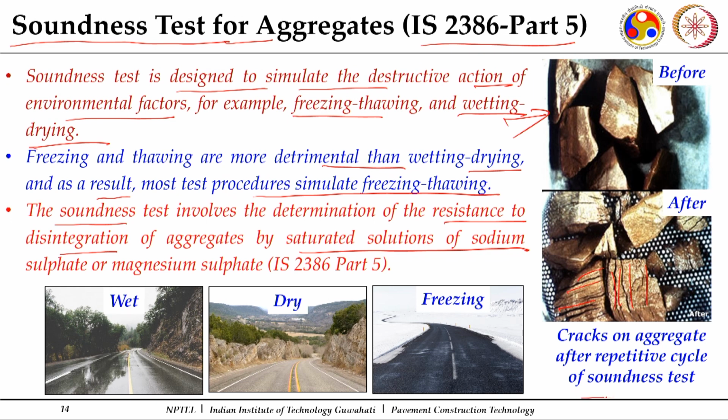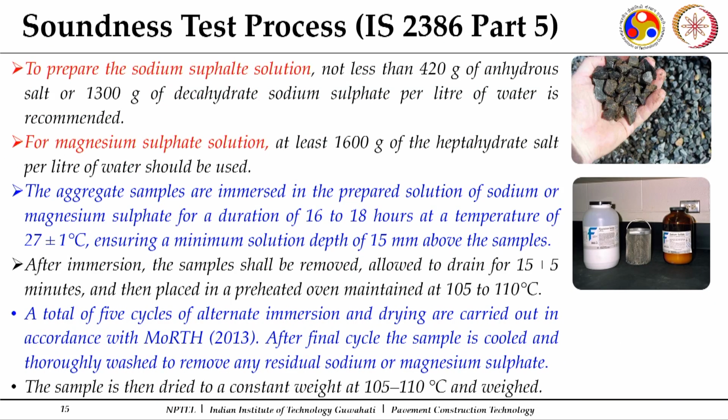So, this is important to see how good the aggregates will be, and especially it is checked when the aggregate samples have high water absorption. Again, the detailed procedure is there in IS 2386 part 5, but an important aspect is how you prepare the sodium sulfate solution or the magnesium sulfate solution.